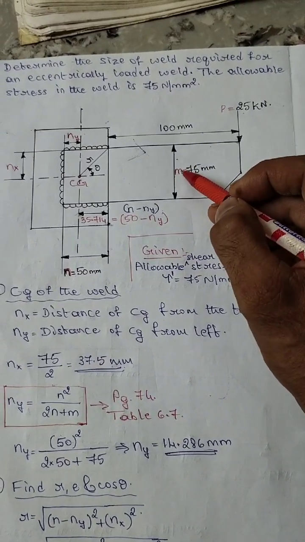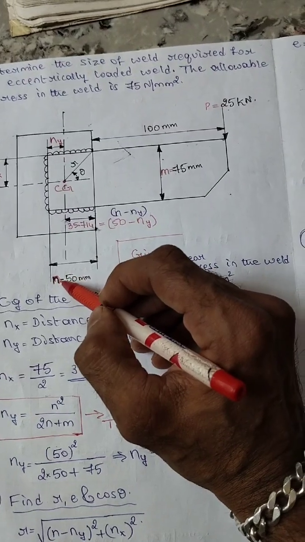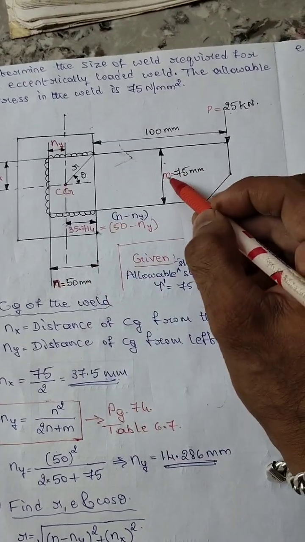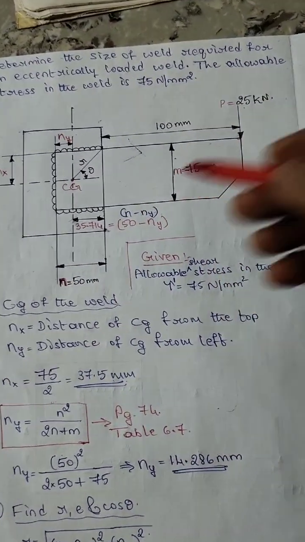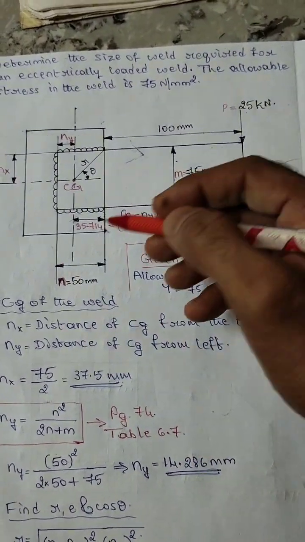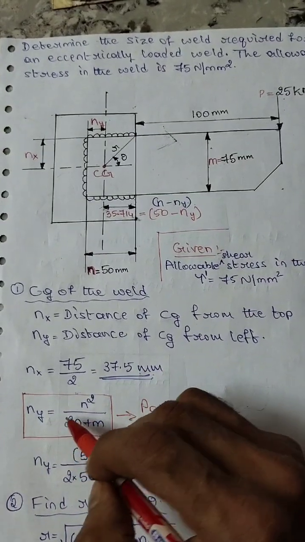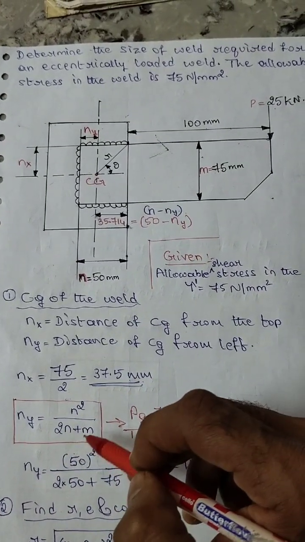This m and n which I have considered is to make it easy to use your data handbook, because the notations which I have used are in m and n, so you will come to know during this solution. Next, ny is equal to n square by 2n plus m.